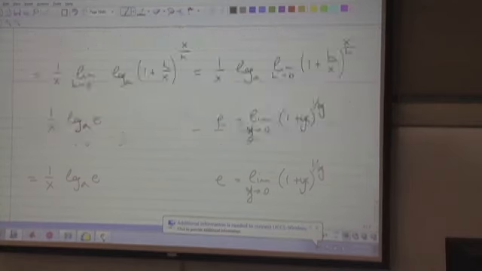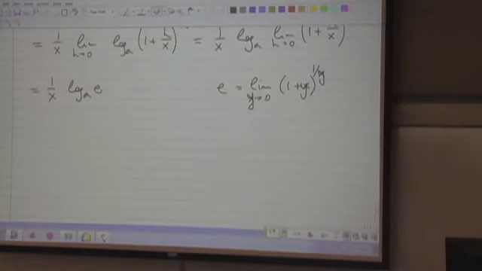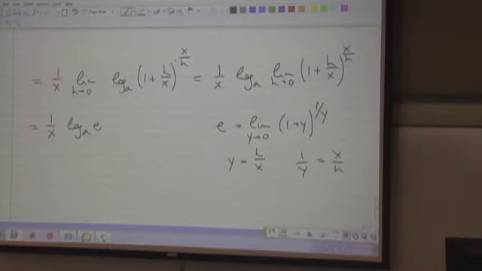Let me clean this up so it looks a little better: the limit as y goes to 0 of 1 plus y to the 1 over y. So if you define y to be h over x, then 1 over y is just x over h. Does that make sense?